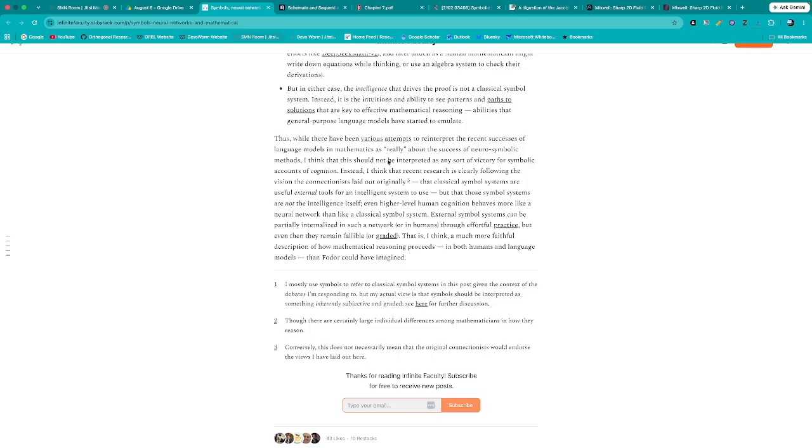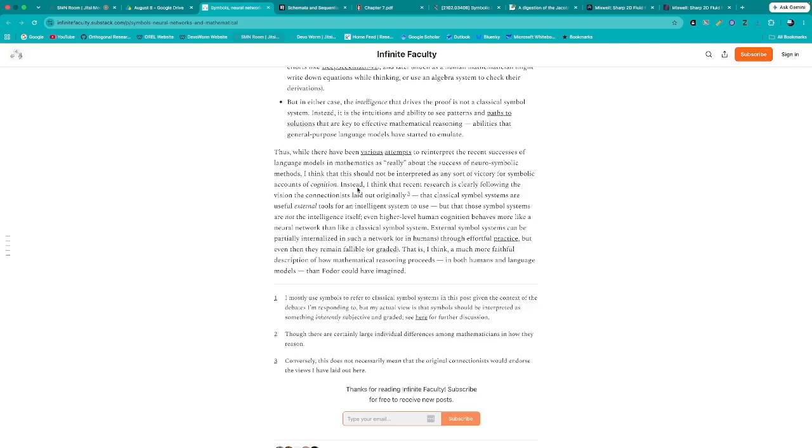I think that this should not be interpreted as any sort of victory for symbolic accounts of cognition itself. Instead, I think that recent research is clearly following the vision that connectionists laid out originally, that classic symbol systems are useful external tools for an intelligent system to use, but that those symbol systems are not the intelligence itself, even with higher level human cognition that behaves more like a neural network than a classical symbol system.